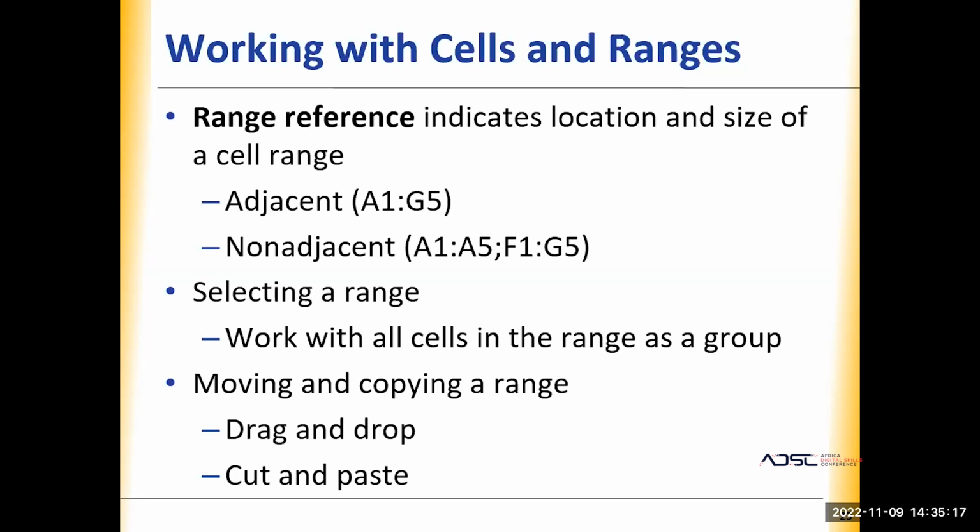We have not selected all. Also, we can select from A1 to G5, and that will be adjacent. But the moment there is a break, then we say it is non-adjacent cell and range reference.